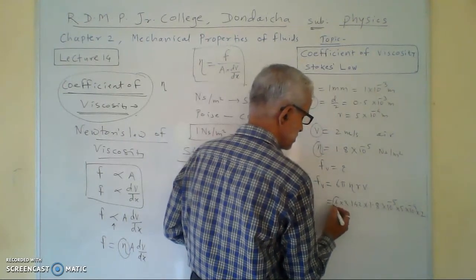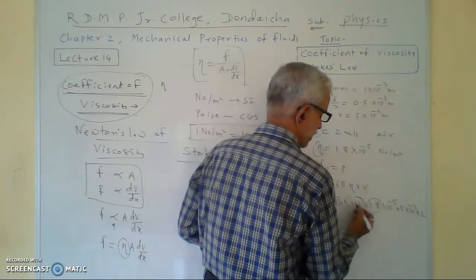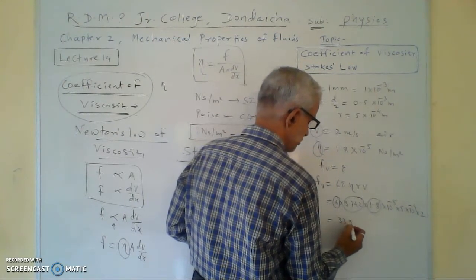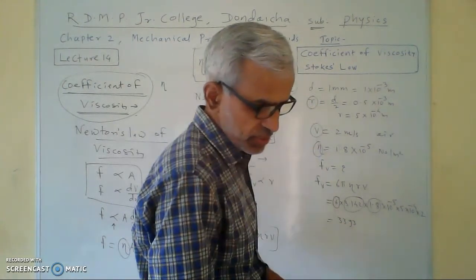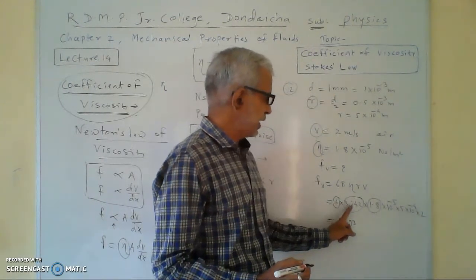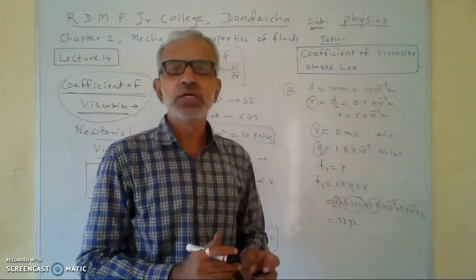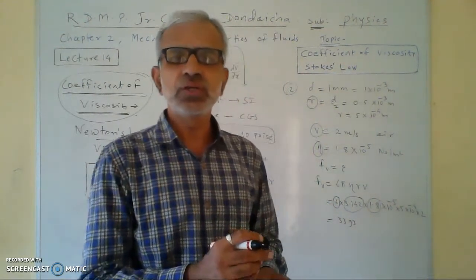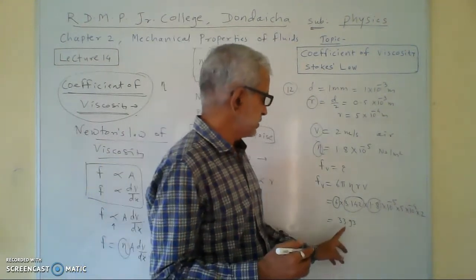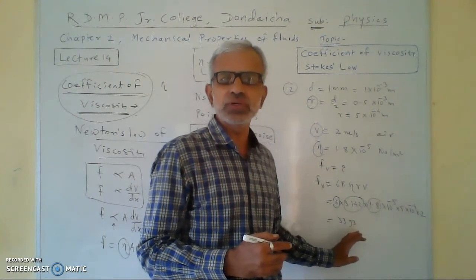So multiply this 6, 3.142 and 1.8 and it is found to be 33.93. You can make this multiplication manually also, and it is 33.93.